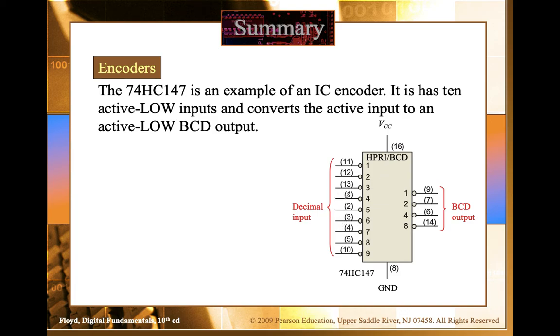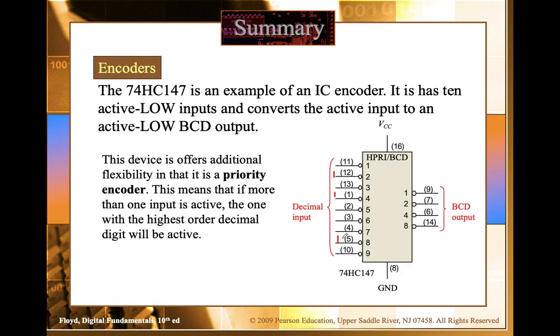For example, you have an input here, here, and here. Priority will be given to the highest order decimal digit. The decimal digits start from here: 1, 2, 3, 4, 5, 6, 7, and 8 is the highest. So this will be encoded and these two will be discarded.